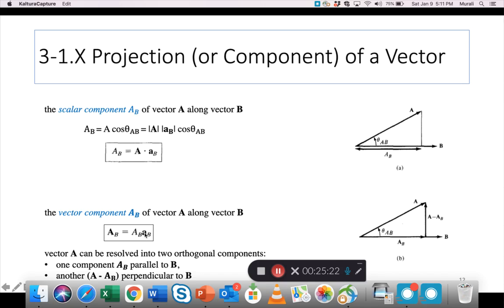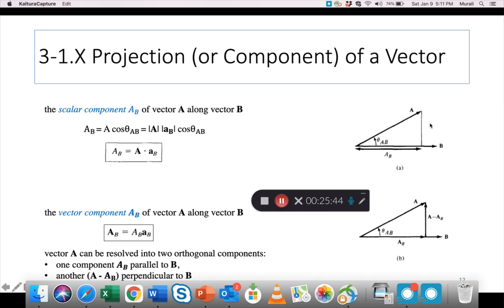Then you call that the vector component AB of the vector A on B. So they're basically the same thing, but one of them is a scalar, one of them is a vector, and they both connect two vectors together, A on B or B on A also.